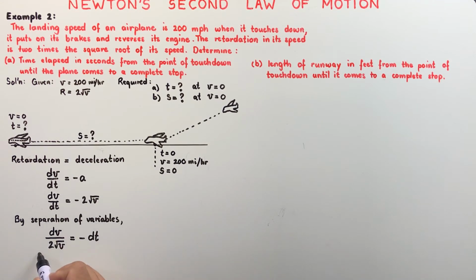So we can take the integral of both sides of the equation. So the integral of dv over 2 times the square root of v is equal to the integral of dt, but with a negative outside.